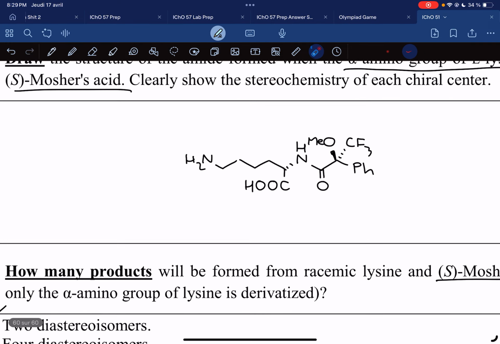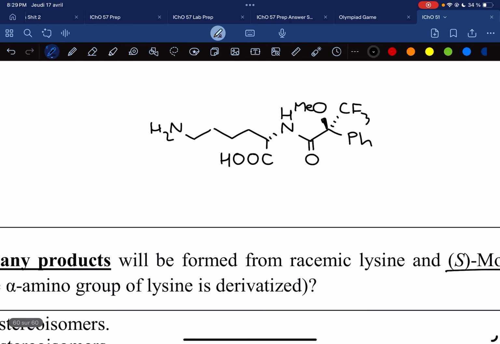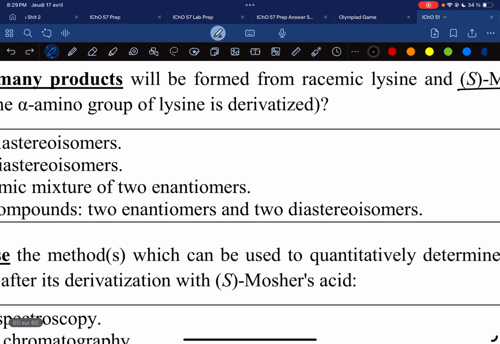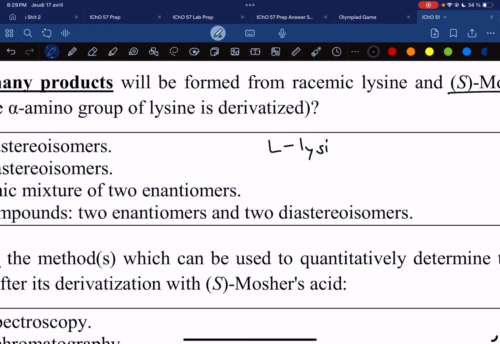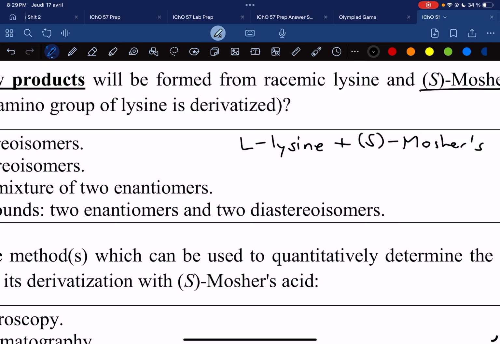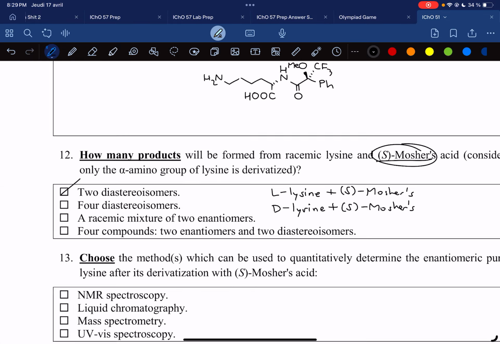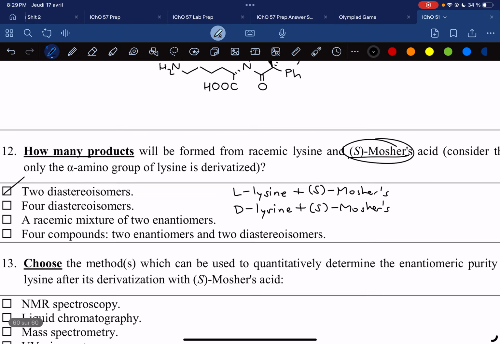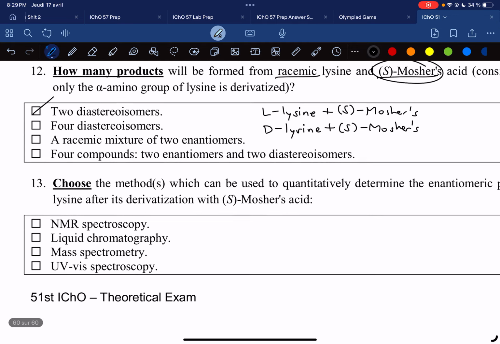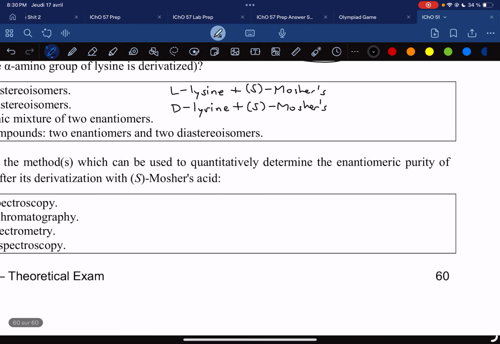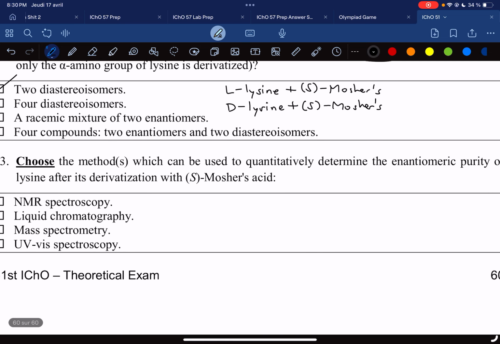You will get one with L-lysine with S-Mosher's acid, and you'll get a D-lysine, which is an enantiomer of L-lysine, with S-Mosher's. We don't have any R-Mosher's, it's pure, and the amino acid is racemic, so L and D, so 2 diastereomers.